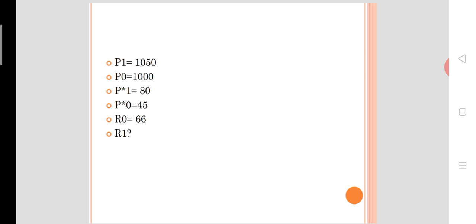So 0.59 has to be multiplied with R0. R0 is the base year exchange rate of the domestic currency. It is 66. So 0.59 into 66 is equal to around 39, I think. So 39 will be the R1.